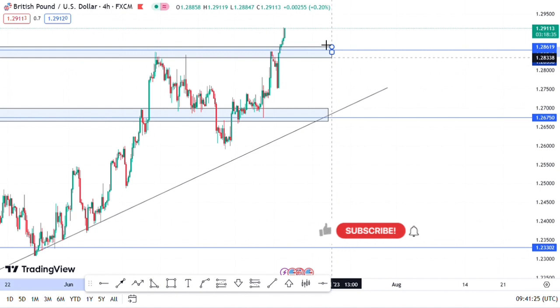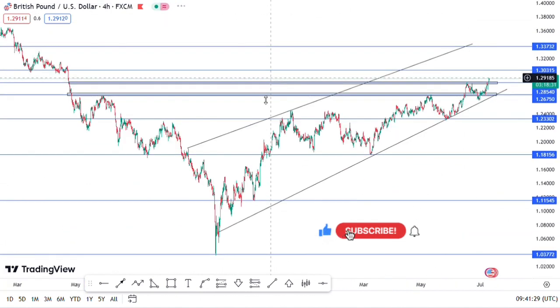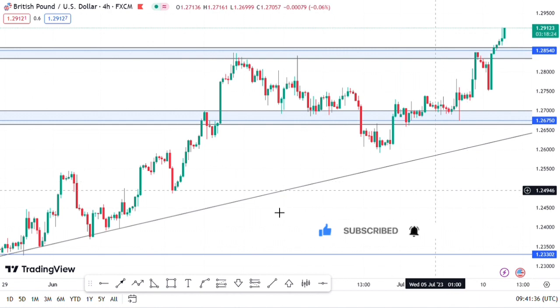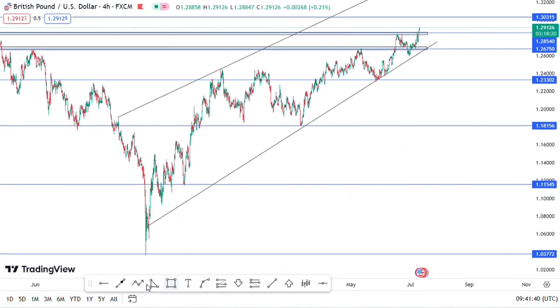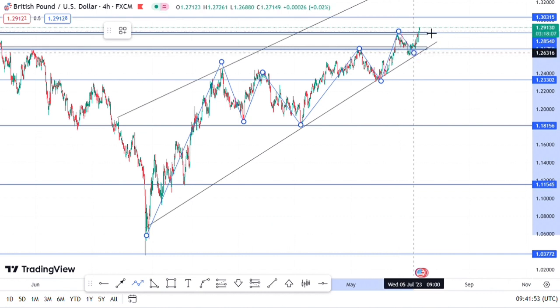So what I'm expecting right now on GBPUSD is this, because we were pushed towards the upside creating a high, and then pushed towards the downside creating a low, push upside, push downside, again and again.